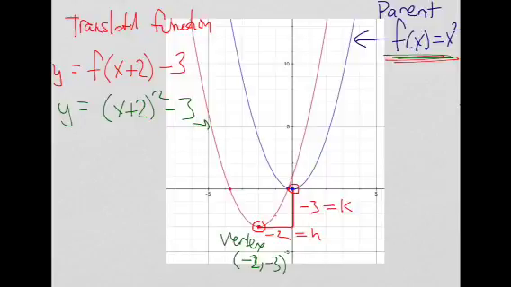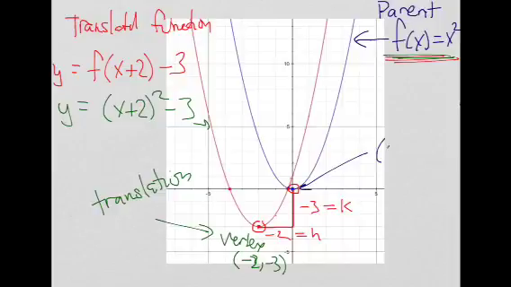So the vertex is actually telling me my translation. That is one of the nice things about translations with the parabola. Since the vertex of the parent function is at 0, 0, as we translate it, finding the vertex will tell me what that translation is.